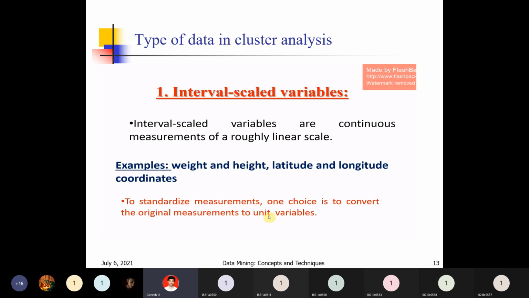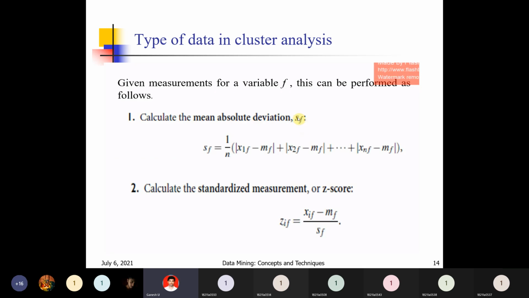So in interval scaled variables, to apply cluster analysis, we will find out these measurements. Given measurements for a variable f, this can be performed as follows. We calculate the mean absolute deviation.